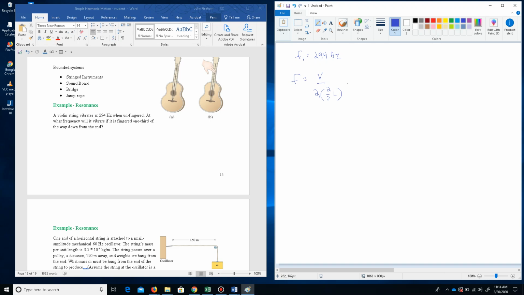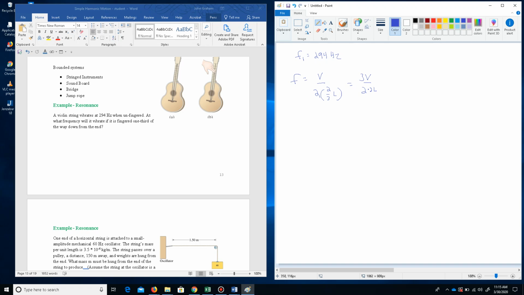And so we end up with V over, see, the 3 will go to the top, so 3V over 2 times 2L. I won't write it like that. So this times this is in the bottom, and then 3 moves to the top.